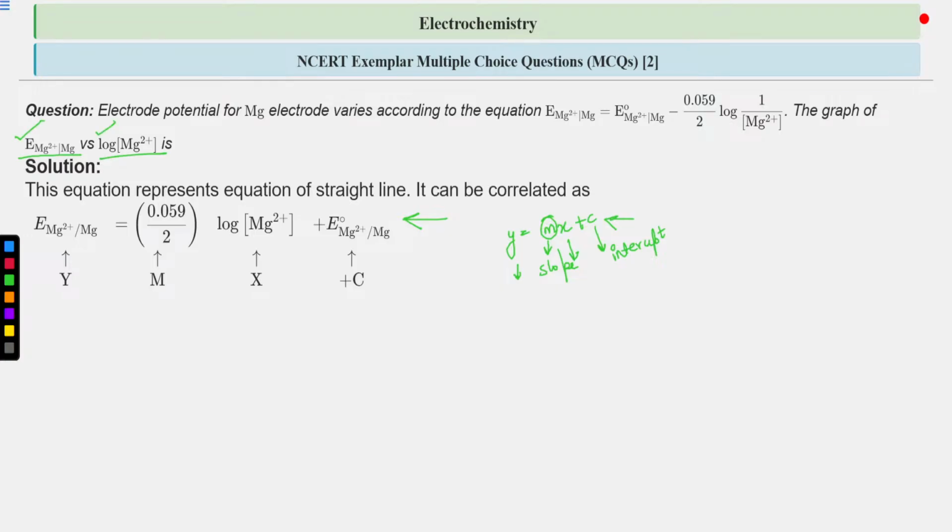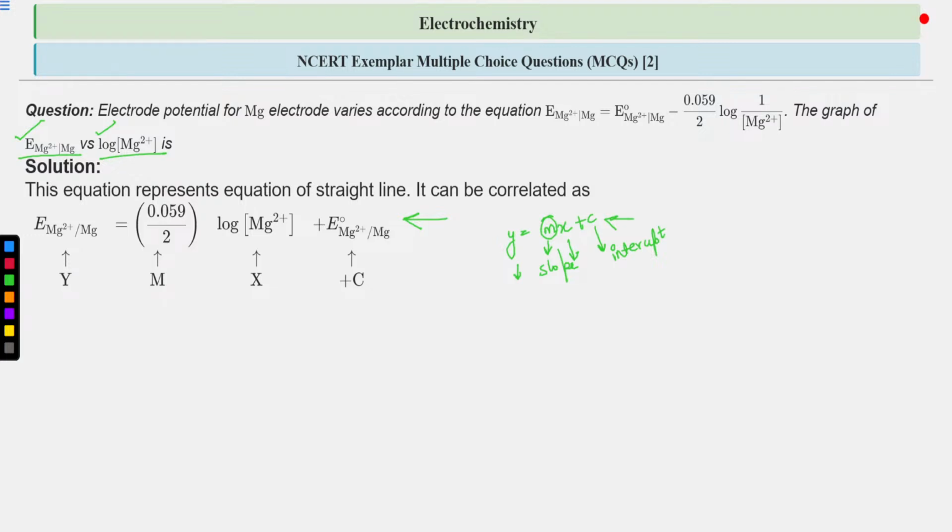So we have arranged the equation such that this value becomes our y and this value becomes x. So y equals this quantity, which is the slope, times log of Mg 2 positive, which is x, plus this, which is the intercept.